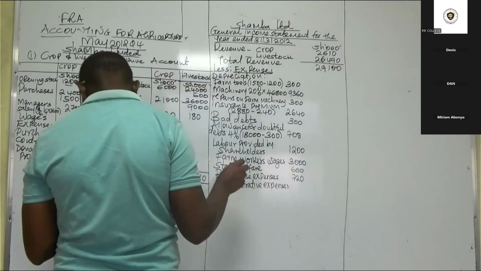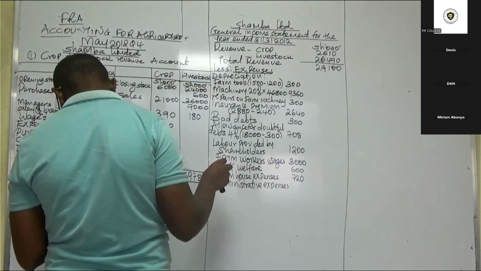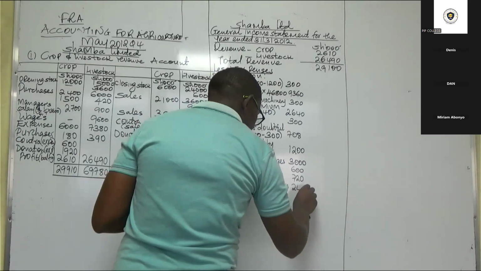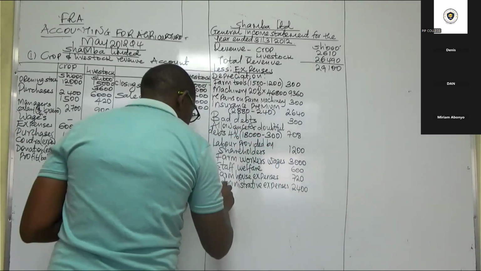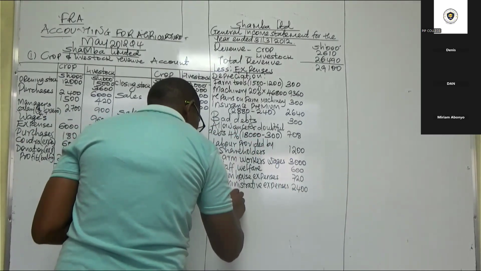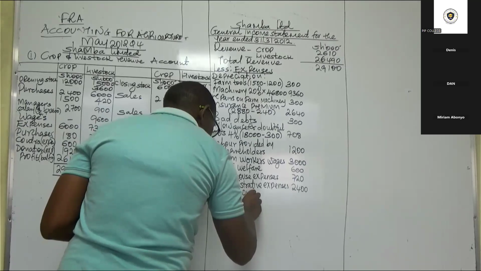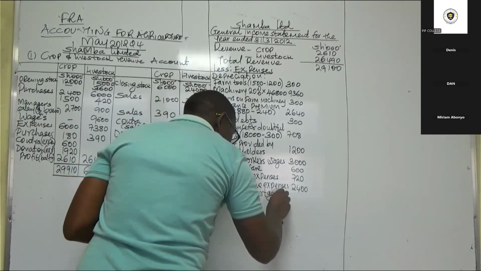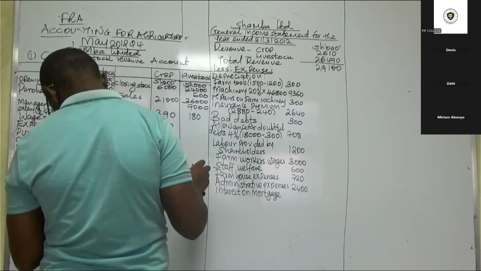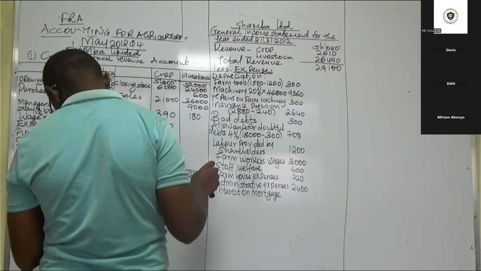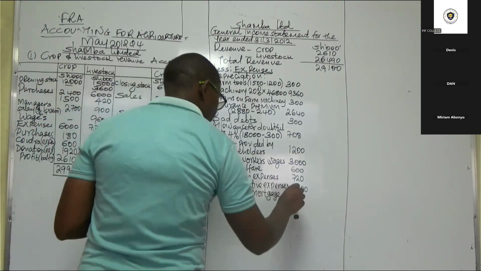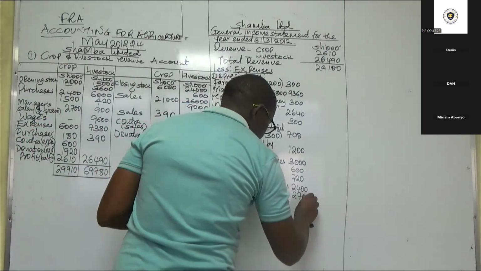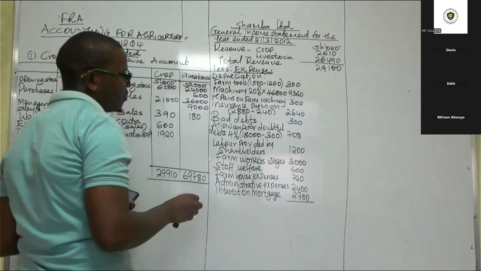Administrative expenses of how much? 2,400. You also have the interest on mortgage. Interest on mortgage of how much? 2,700. No other expense that we've not considered.